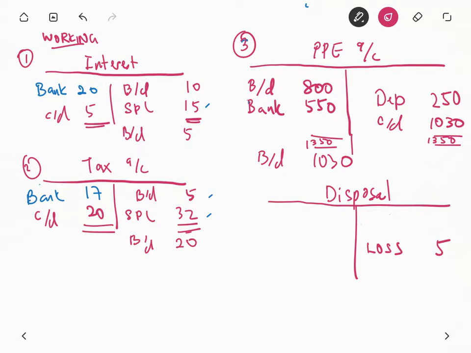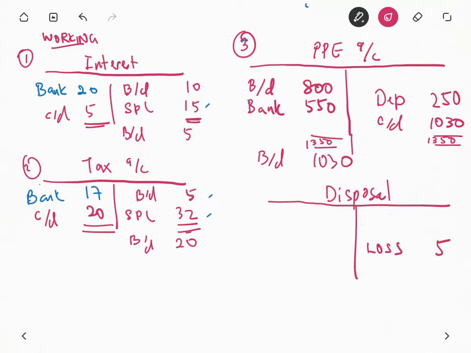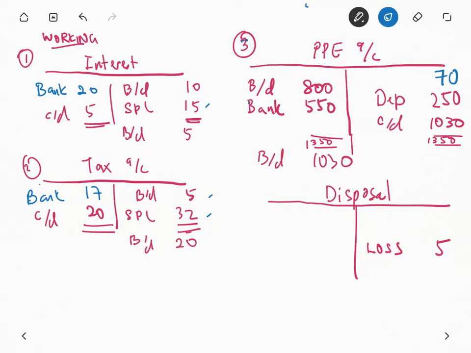And no more. So we have to find the missing figure. So you check here, PPE, 1350. And over here is 1280. The missing figure is here. How much? Credit 70. Why do I credit 70? Because of disposal.